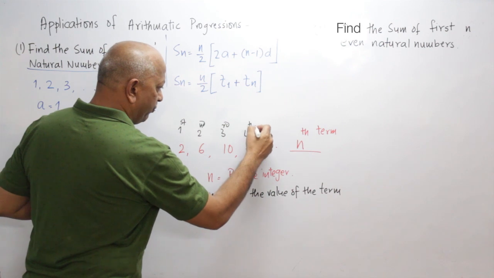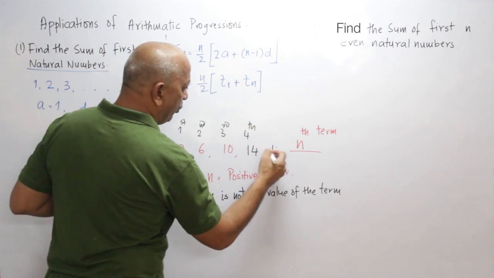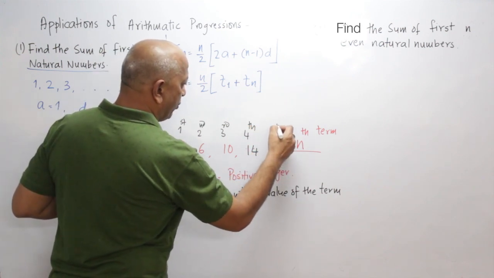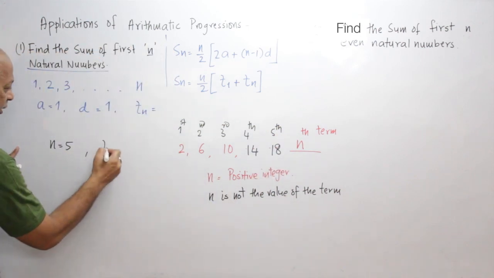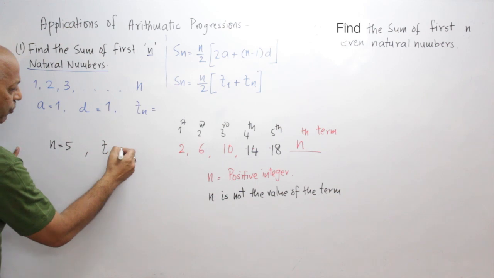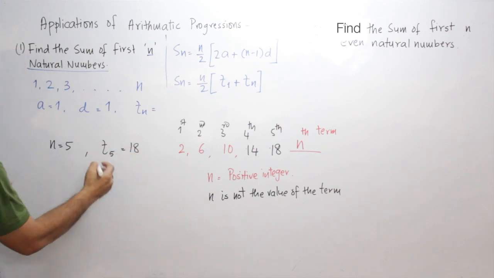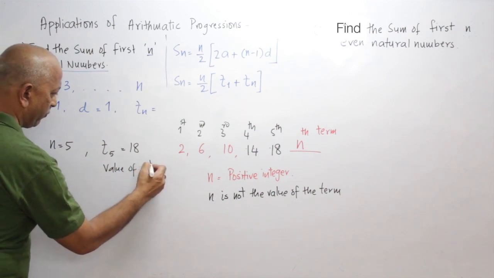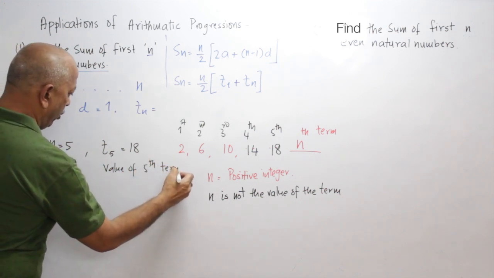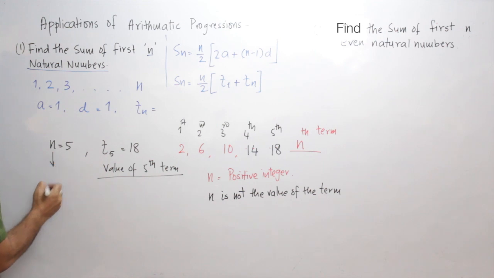This is the fourth term. Fifth is going to be 14 plus 4, so t5 is equal to 18. So this is the value of the fifth term, and this is the place of term.